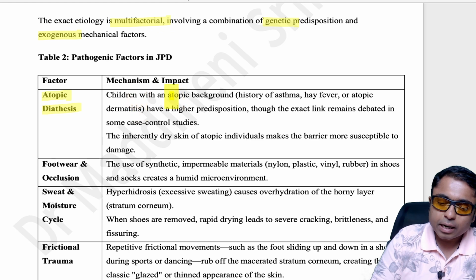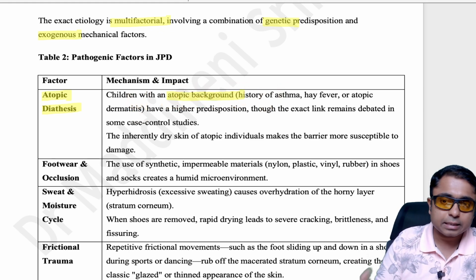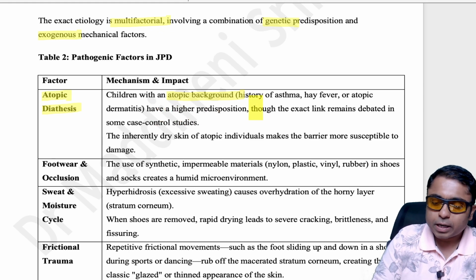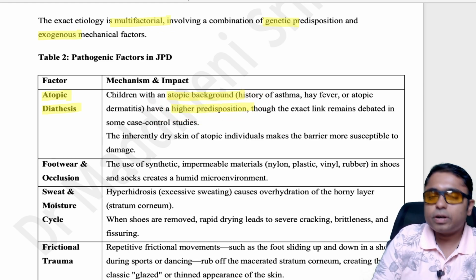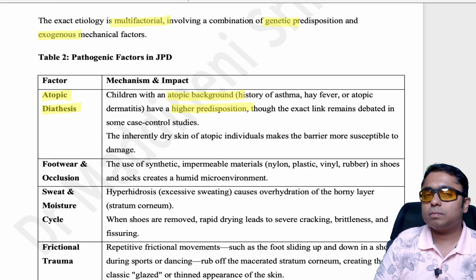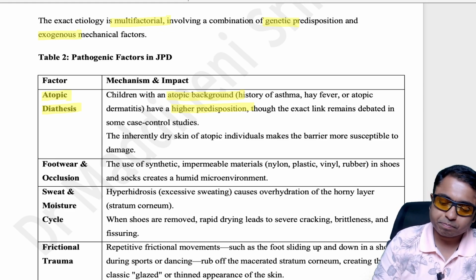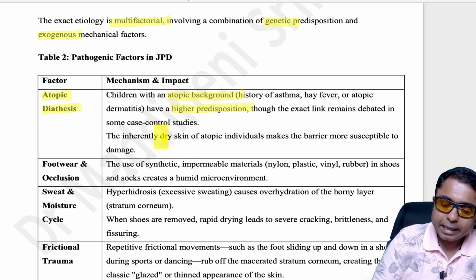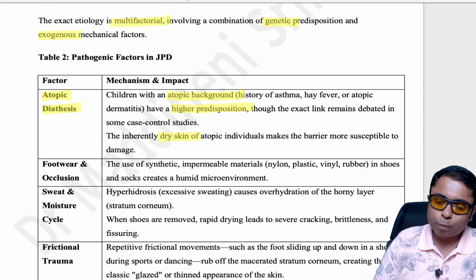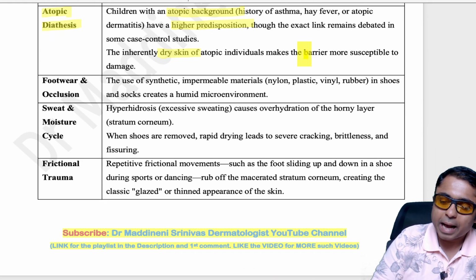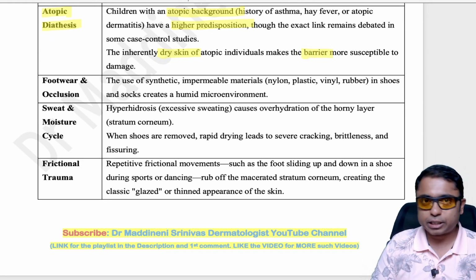Yes, these children who have an atopic background, in the form of asthma, allergic rhinitis and bronchial asthma, and also atopic dermatitis, are the ones with a higher predisposition to develop this juvenile plantar dermatosis, right? And the inherent dry skin of the atopics also makes the barrier more susceptible to damage.